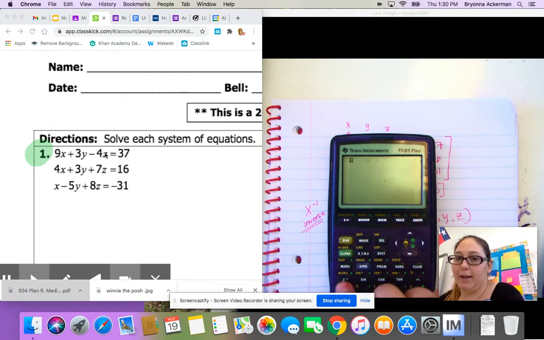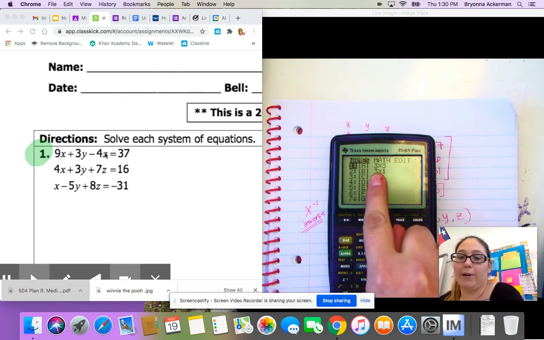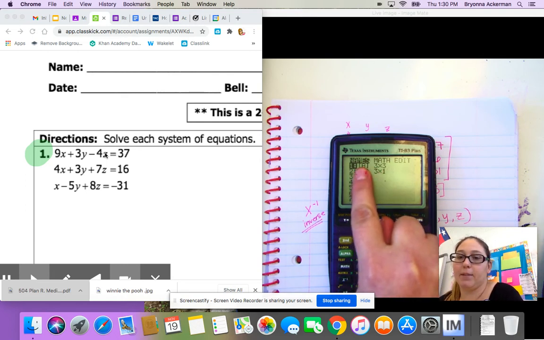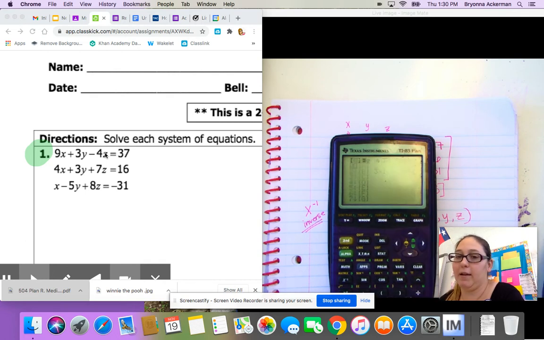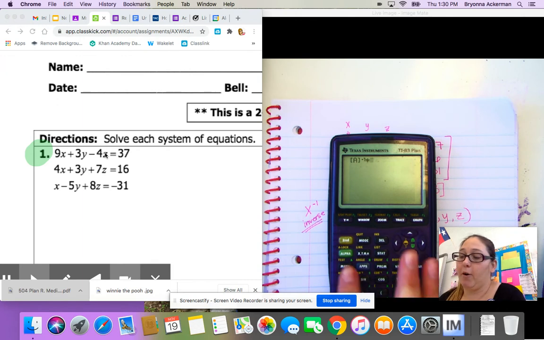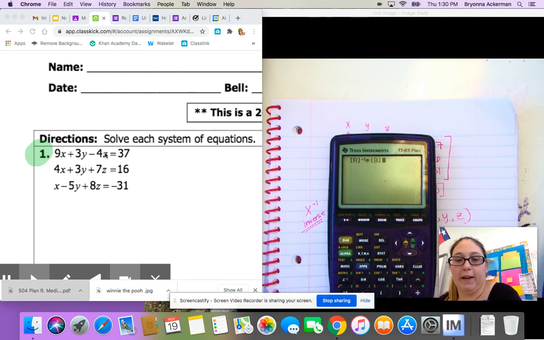So I'm going to go back into the matrix, and instead of going to edit, I'm just going to stay on names, and I'm going to grab matrix A. I'm going to hit the inverse button, which is that x with the little -1 on top of it. And then I'm going to say times, and I'm going to go back into second matrix and grab B. So it should look like the inverse of A times B.